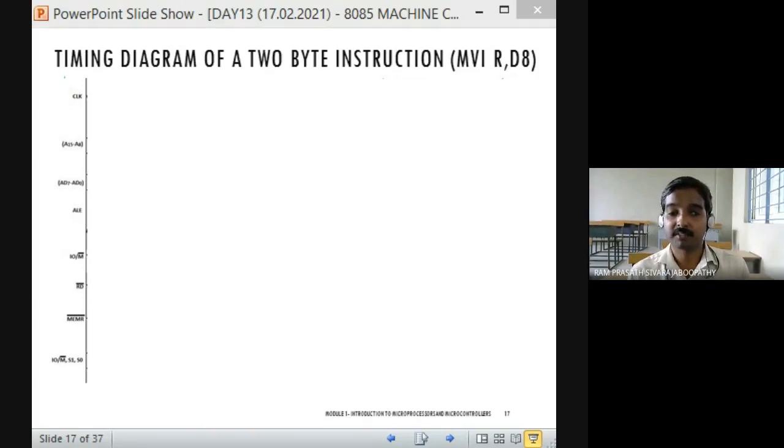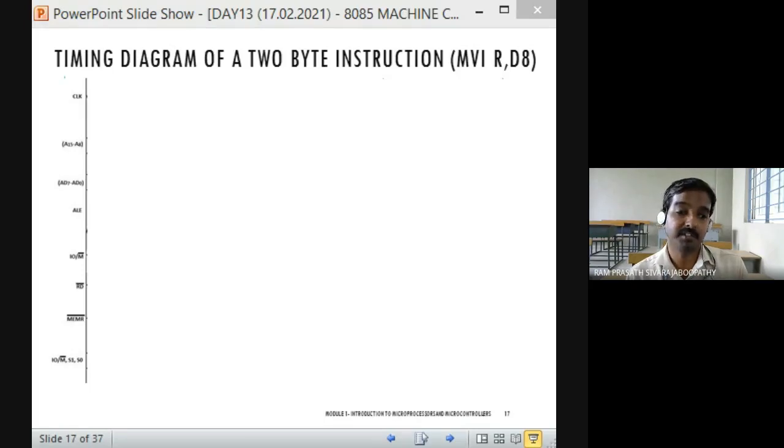Fine. At the end of the memory read cycle, does a memory write cycle come here? Where is it going to write the data 77? After reading from memory, it has to place it in the accumulator. The accumulator is inside the CPU, so this is an internal operation.